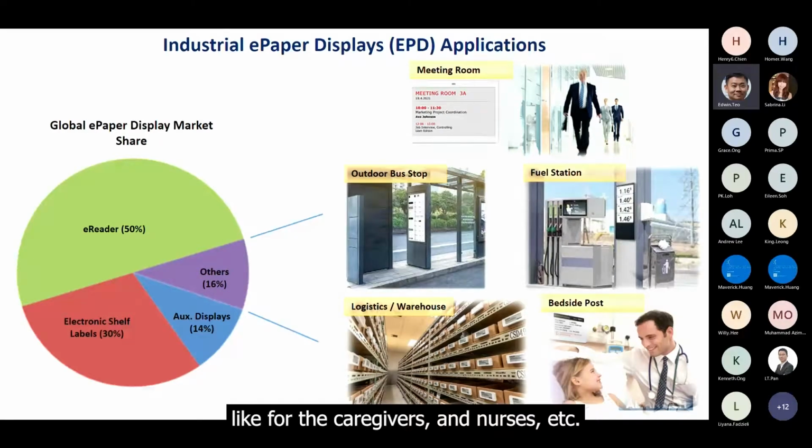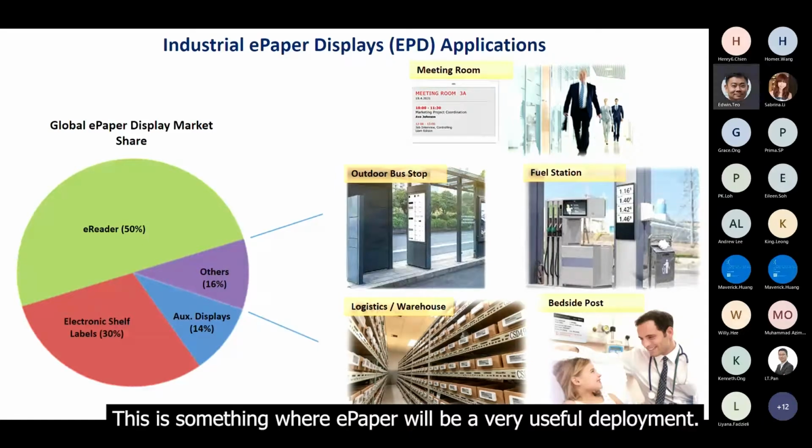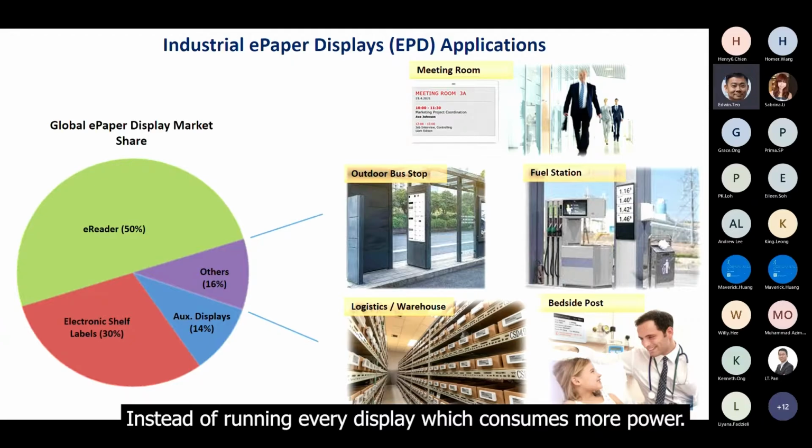So this information doesn't usually change much. You don't change it per hour. You change it, say, every time the patient is discharged from hospital and a new patient comes in, then you just change it accordingly. So this is something where e-paper will be a very useful deployment instead of running every display which consumes more power.